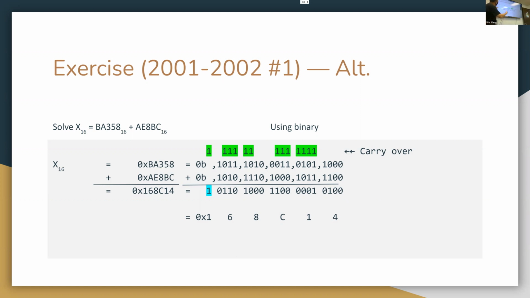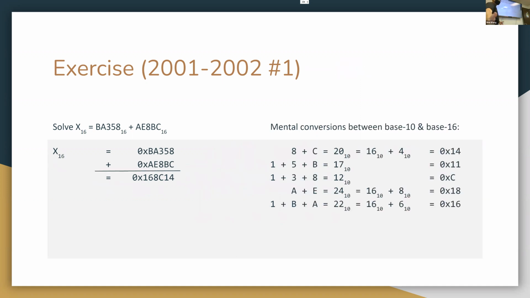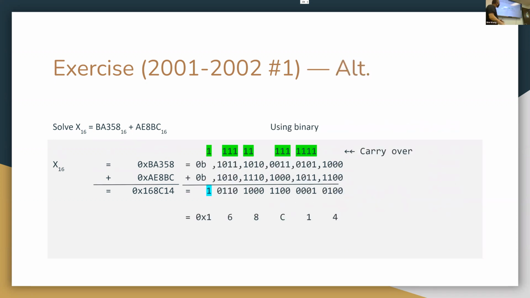So this becomes a little easier than that, right? Here you have to do this constant conversion between decimal and hexadecimal. And here you need to convert them once, and then back 4 times, basically, right? Or 3 times, actually.